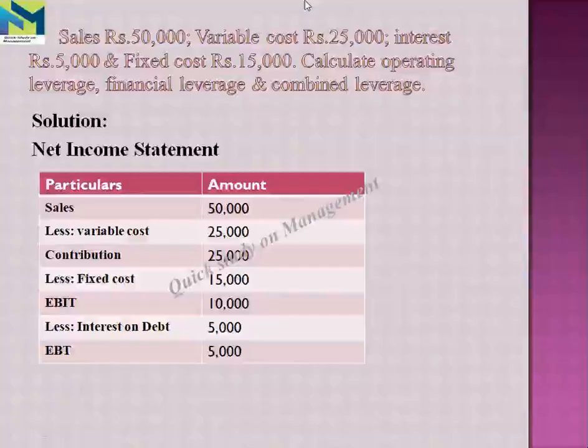We have the example problem. Sales rupees 50,000, variable cost rupees 25,000, the interest rupees 5,000 and fixed cost rupees 15,000. We have to calculate the operating leverage, financial leverage and combined leverage. So the first step, we have to prepare the net income statement. As per the format, we have two columns, particulars and amount. First we have the sales amount as 50,000 and from the sales we subtract the variable cost, rupees 25,000, and we get the value of contribution, right?